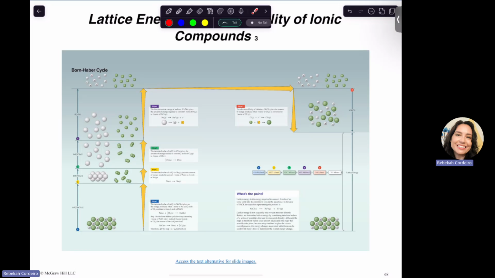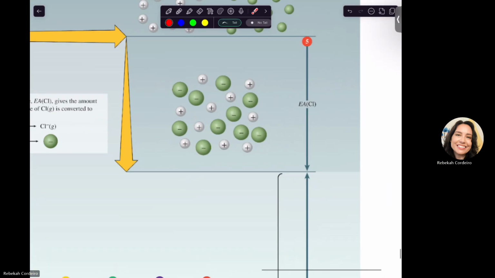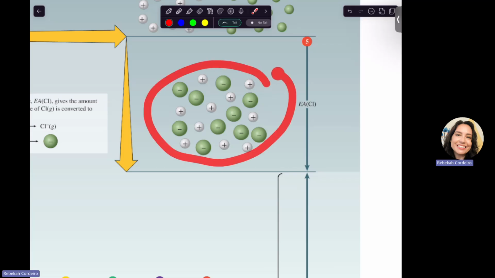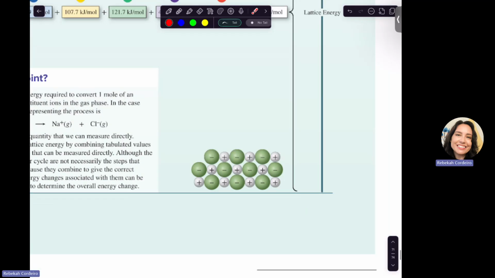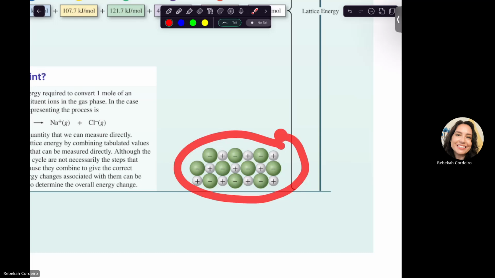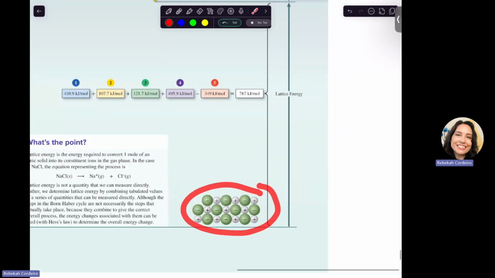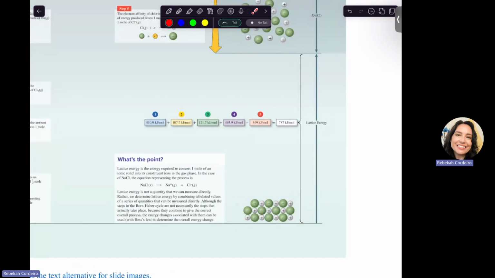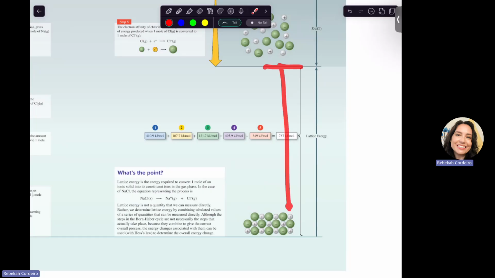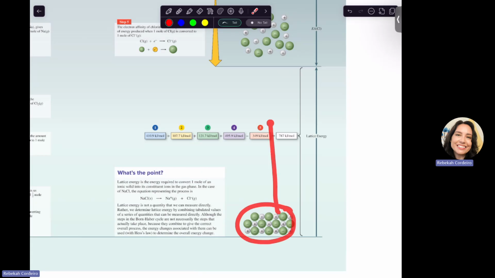So if we want to go from gas ions to solid sodium chloride, that's the lattice energy. Or I guess the lattice energy is moving up, right? So it's different in different textbooks. In this textbook, lattice energy is defined as taking the solid and turning it into the gas. So that's why they have the arrows moving up here.